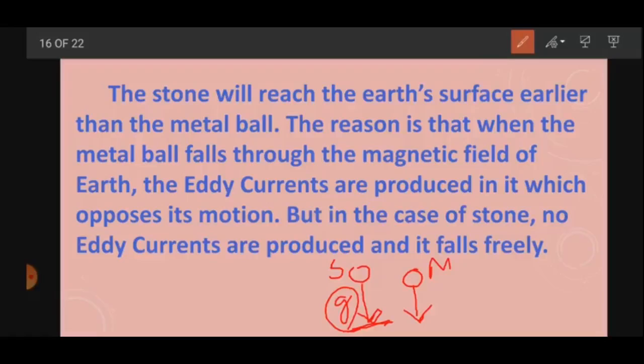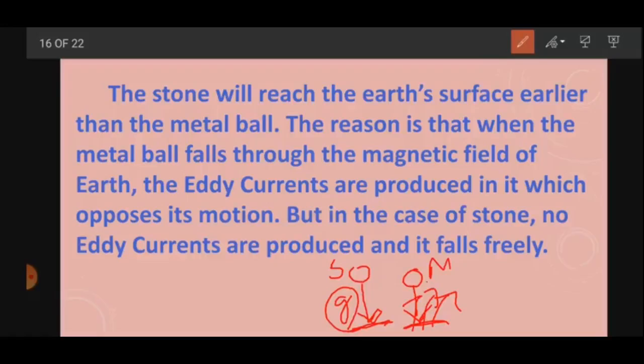No eddy current is produced in the stone, but with a metal plate on the surface of the earth, already you know that the earth acts as a magnet. Now a magnetic field is produced and interacts with the metal ball.